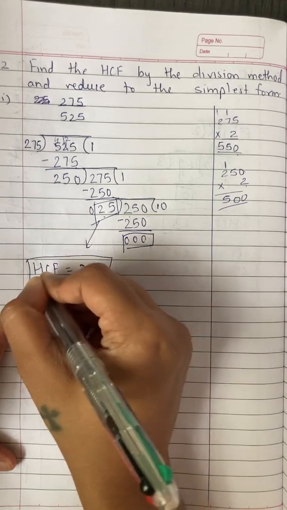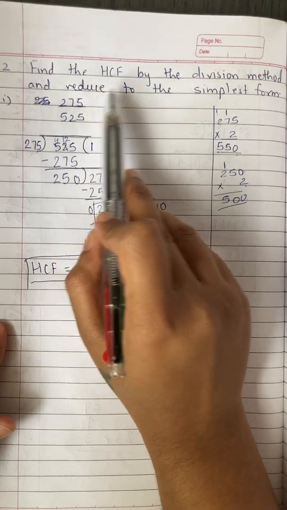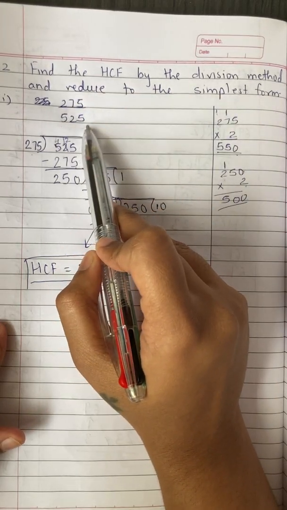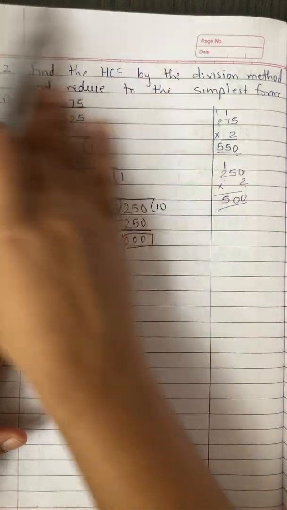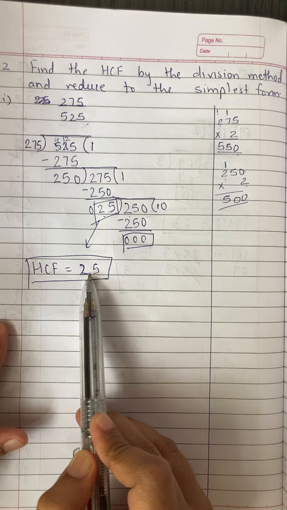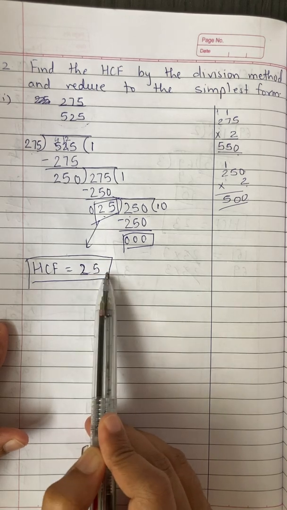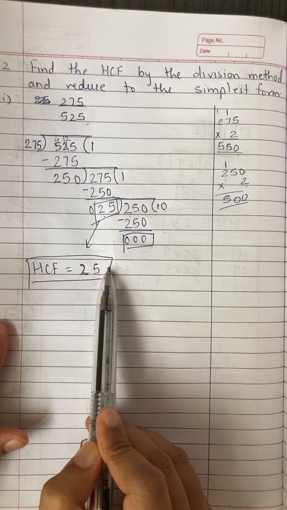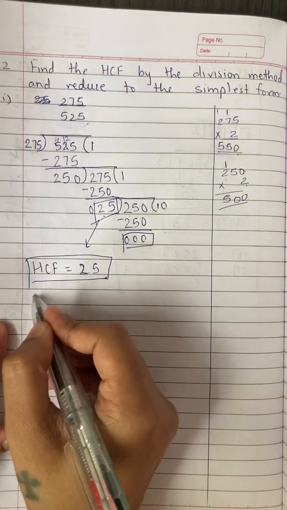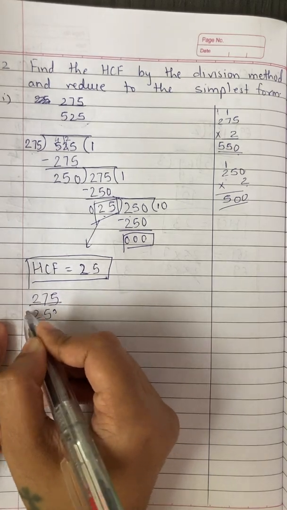Next thing in the question, see what it says: and reduce to the simplest form. So we have to reduce this fraction into simplest form. From this answer we know the trick that the HCF we found is a number in which 275 is also present and 525 is also present.